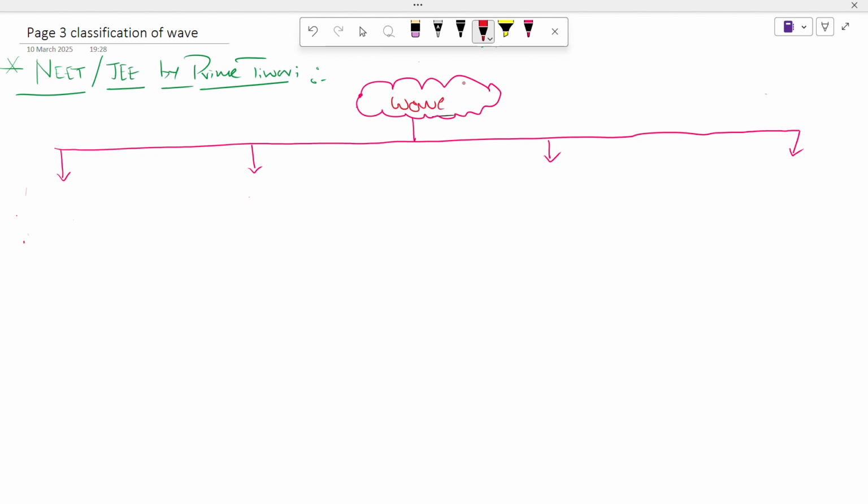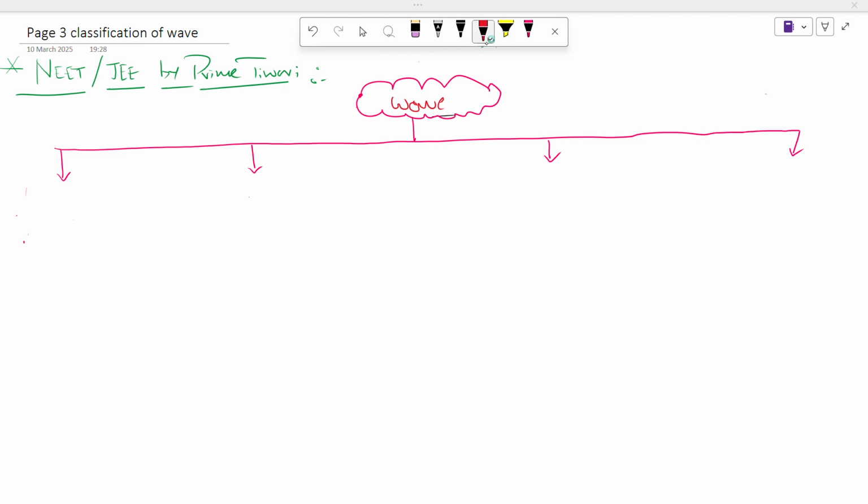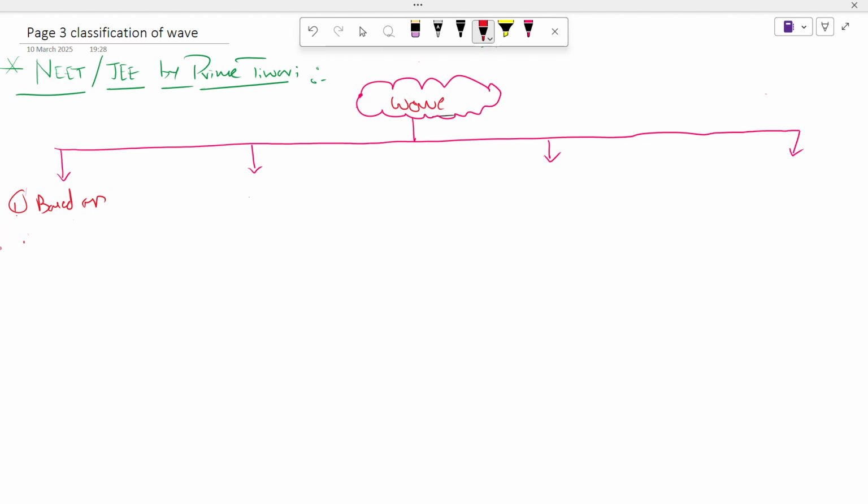Wave. Based on, first of all, the first category is divided based on medium.